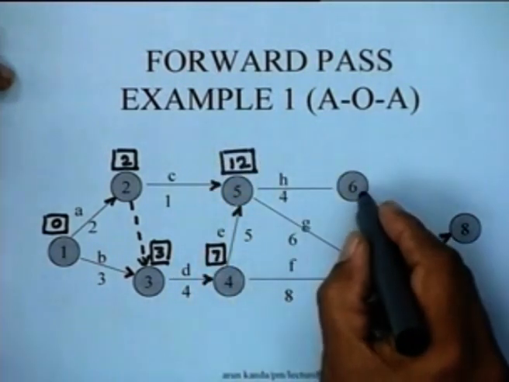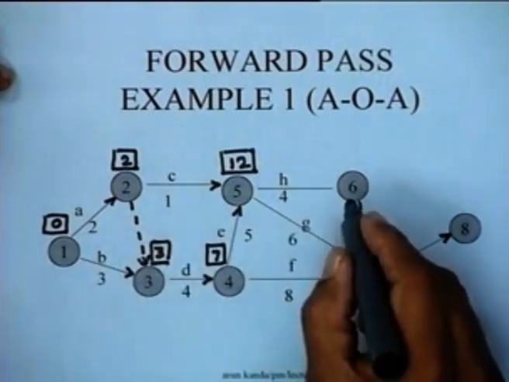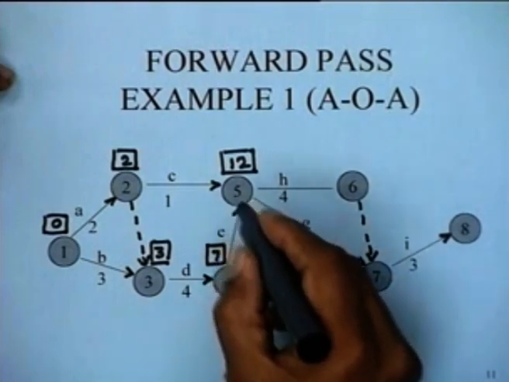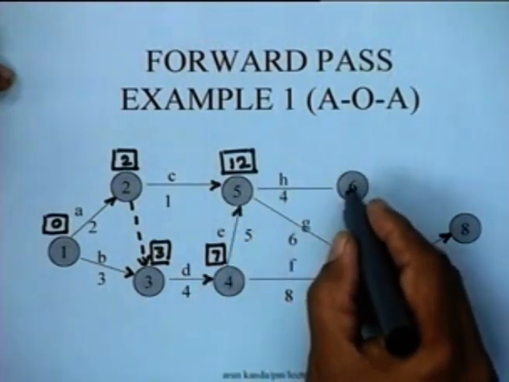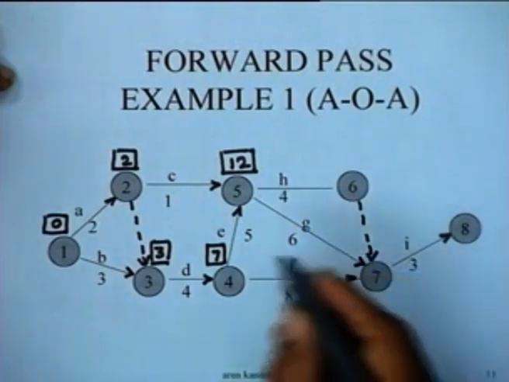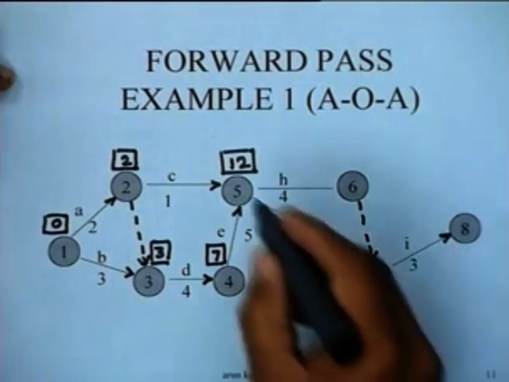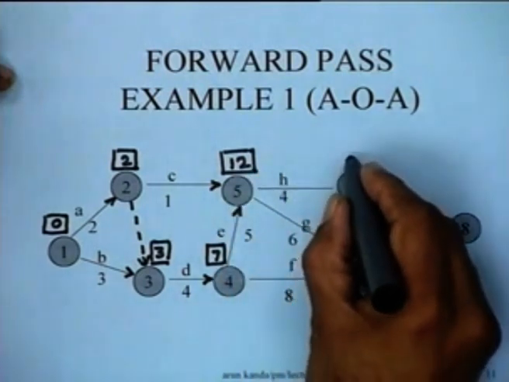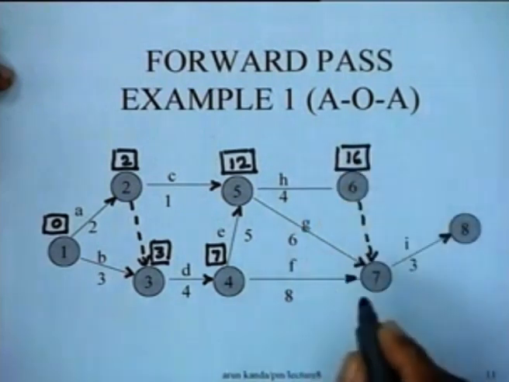And then you come to node 6. You see, one advantage of Fulkerson's numbering rule is that you can compute the earliest occurrence times in the sequence of the node numbers, because this automatically determines a topological ordering. 12 plus 4 would be 16, which would be determined here.